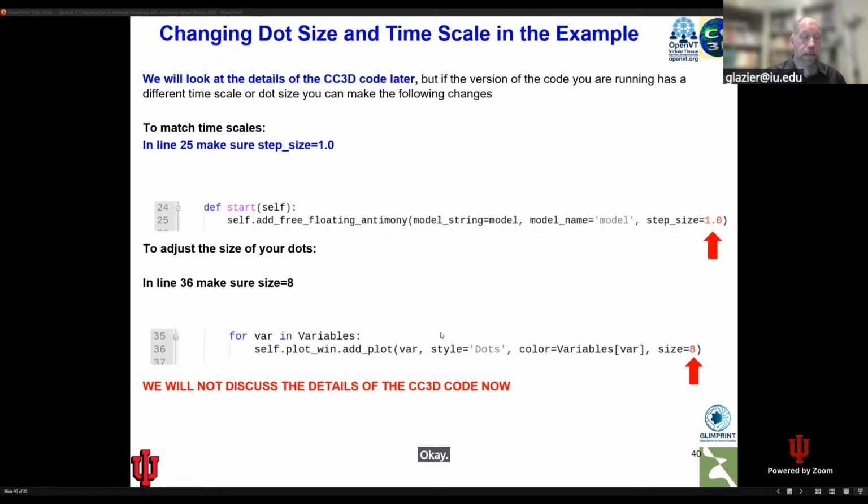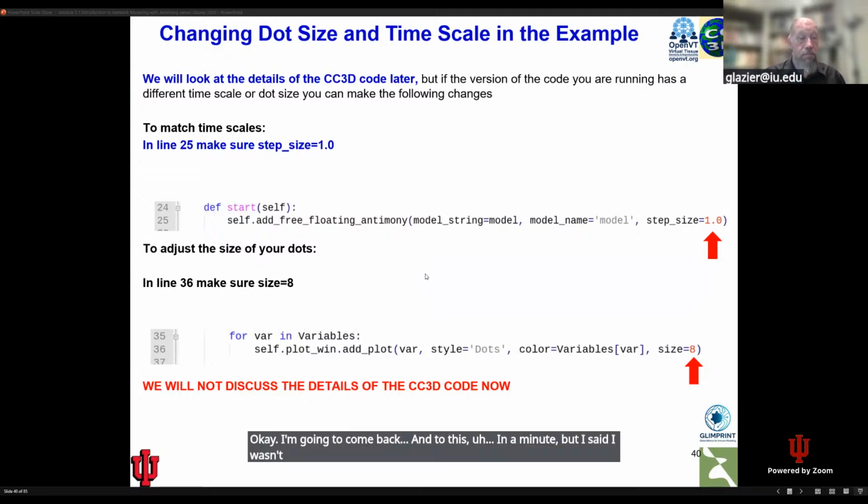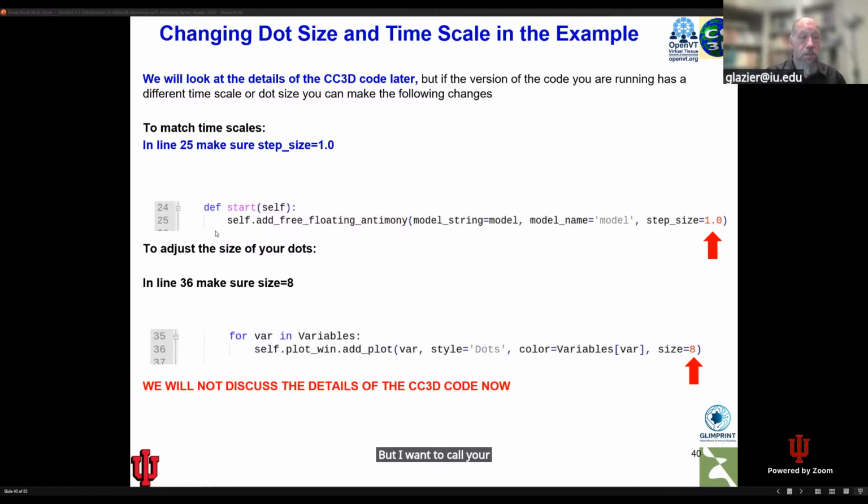I'm going to come back to this in a minute, but I said I wasn't going to play with the formatting very much, but I want to call your attention to two lines in your code. Line 25 says self.add free-floating Antimony model, bunch of stuff, and then it says step size.